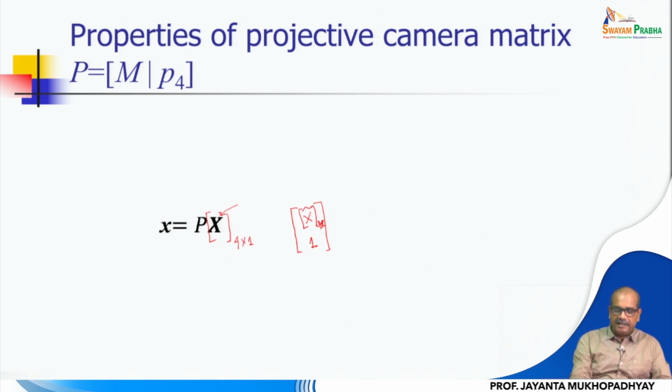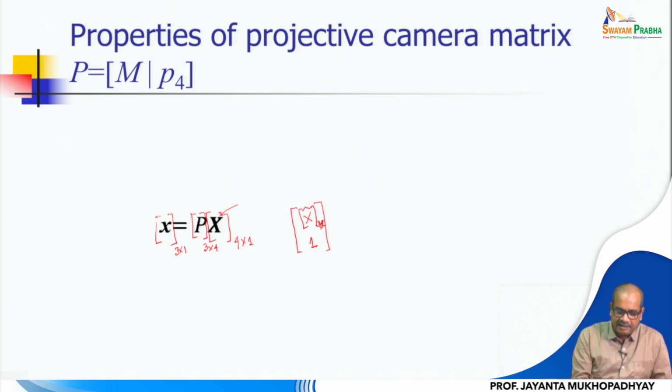because that also expresses the coordinates of the three-dimensional point. And then this is transformed by a projection matrix whose dimension is 3 cross 4, which provides me an image point. Once again, it is expressed in the homogeneous coordinate system as a 3 cross 1 column vector.